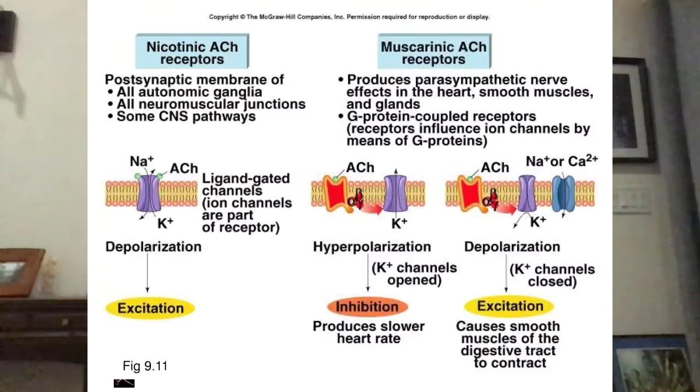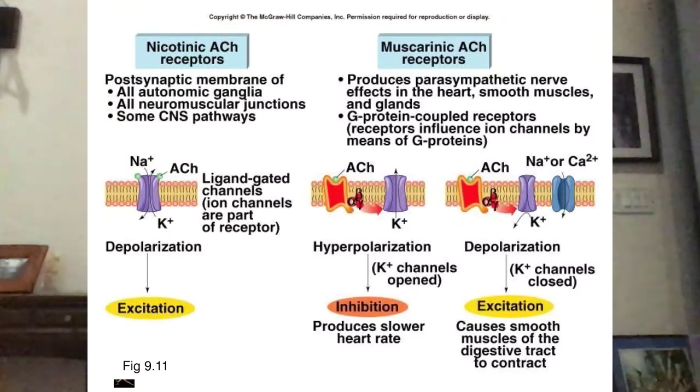And the other one, maybe it's excitatory. Remember, during parasympathetic, you want to increase the activity of your digestive organs. So that causes the muscles of the digestive tract to contract. That's excitatory.